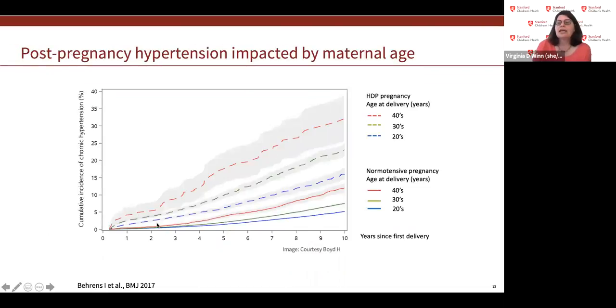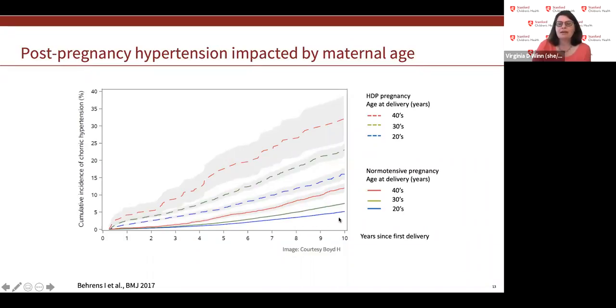I really like this data from a paper by Behrens et al. that shows the cumulative incidence of chronic hypertension with age of first pregnancy, from normotensive pregnancies or hypertensive disease pregnancies. What you can see is that hypertension increases by maternal age over time.